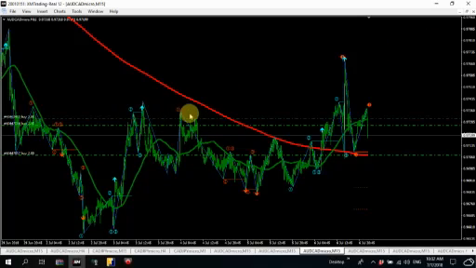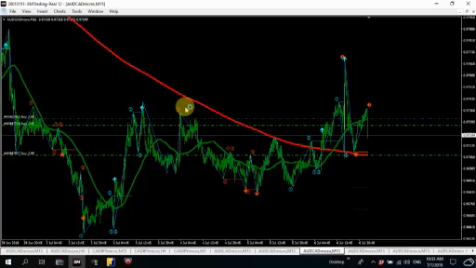This level, this 1 2 3 pattern also detects very important levels in the market. Important levels. It creates a high. It's telling you it started to detect a high from here.